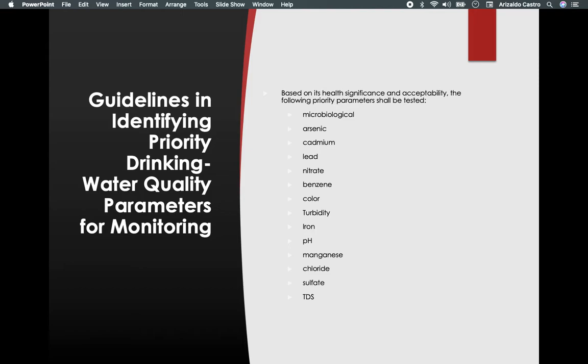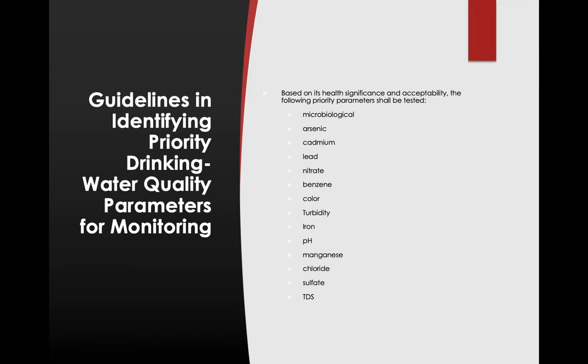And a few are listed here. Microbiological content, heavy metal content, arsenic, cadmium, lead, nutrient content for the case of nitrate, chemical content, physical parameters, color, turbidity, and then other elements or other chemical composition. Those are all included as parameters.